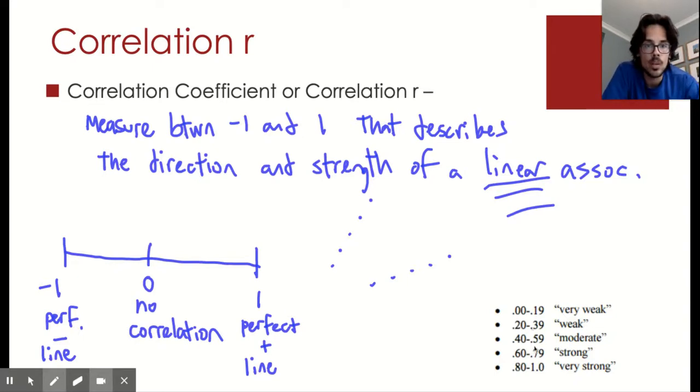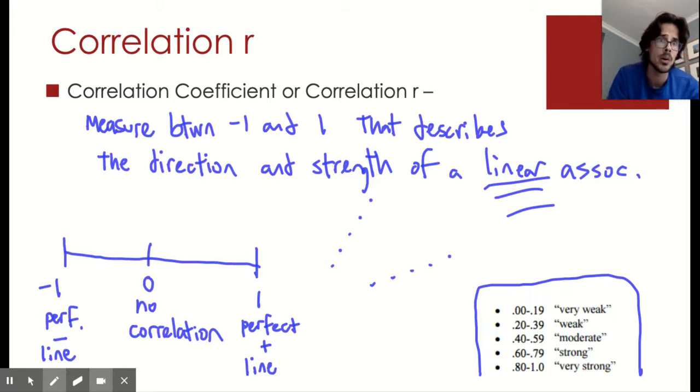So what I have right here on the side is like a little rule of thumb for us to use right here. Not every textbook agrees. Like you could go to one textbook and this one calls 0.40 moderate. You could have somebody else who argues that's really moderately weak or something like that. So it's not like set in stone, but this is a good set of guidelines that you guys can use. And you can have things like moderately strong and stuff like that too. But just to give you an idea of where those numbers would fall. Anything from 0.8 and above is really, really strong.